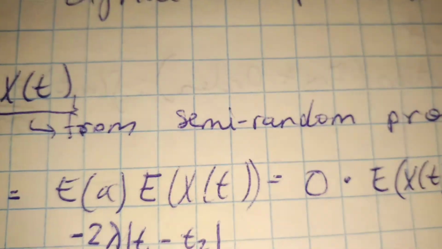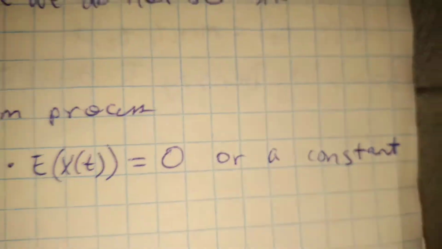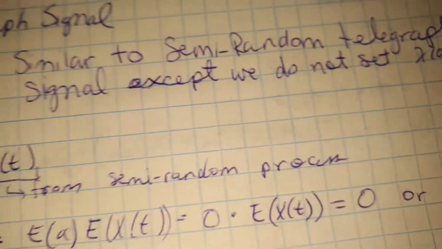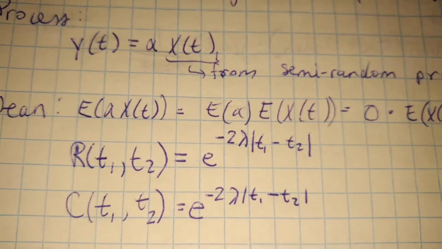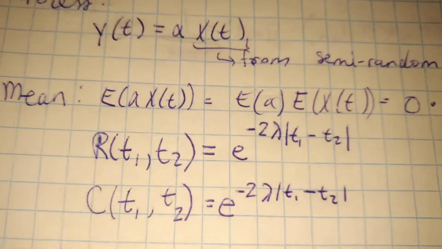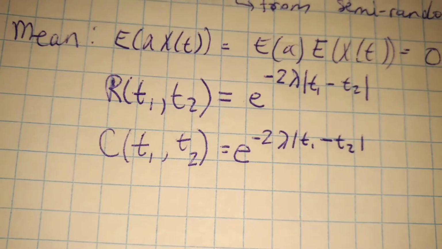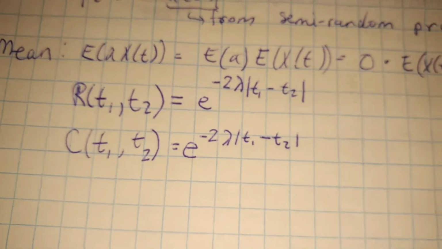And alpha is just a constant, so you end up with 0 times the expectation of X(t), which is just 0, or another constant. And then the autocorrelation is equal to e^(-2λ|t1 - t2|), and the autocovariance is equal to e^(-2λ|t1 - t2|).